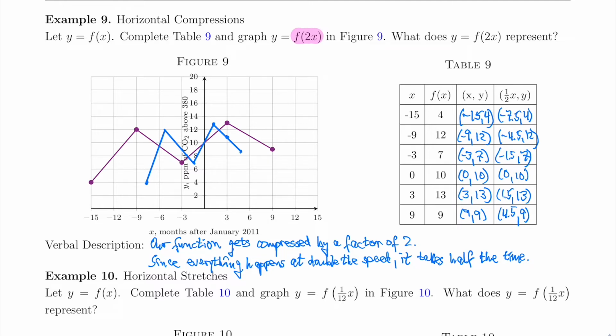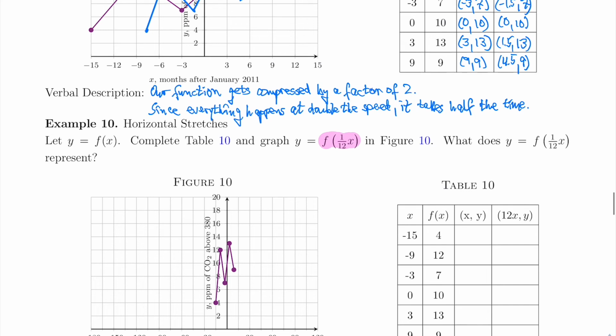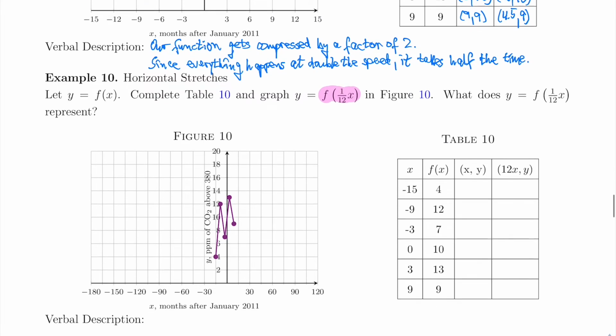Now we're doing an example the other way around, and as you can already imagine, that will now be a horizontal stretch, and we are investigating our function at 1/12 times x. So this time around we again start with our table, because we now have an idea that everything is happening the other way around.